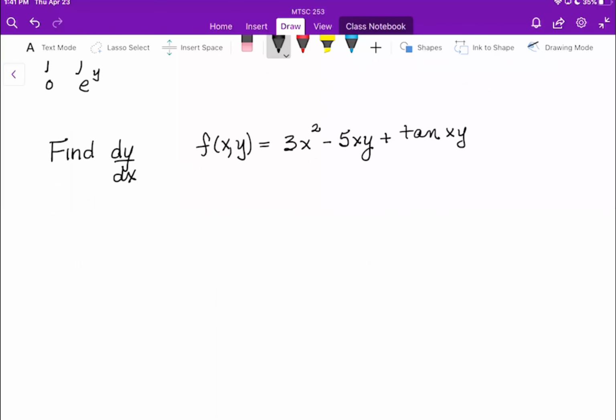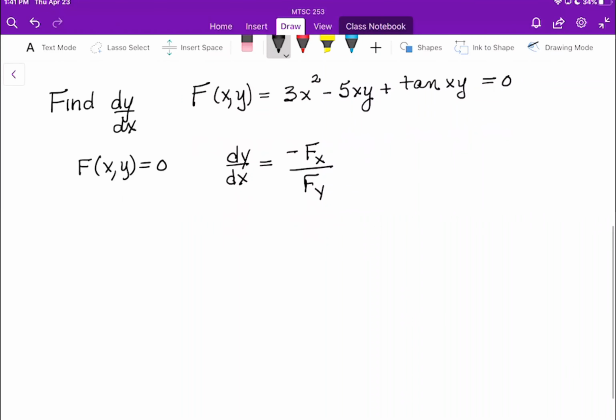So we have that f of xy is equal to 0. So we know that dy dx is minus f sub x divided by f sub y. So what is f sub x? F sub x is 6x minus, take the derivative with respect to x, and that's going to give me 5y.